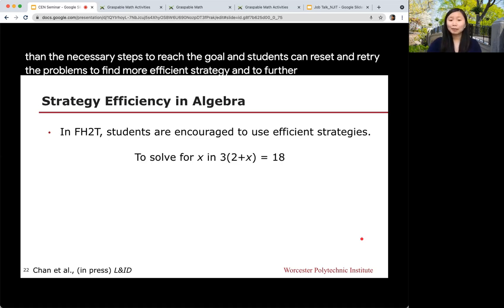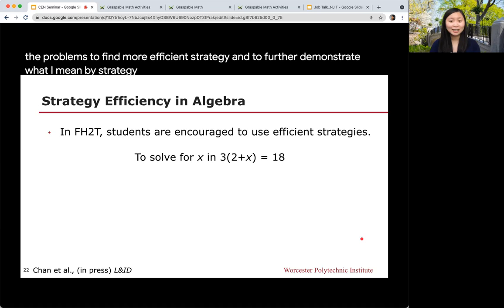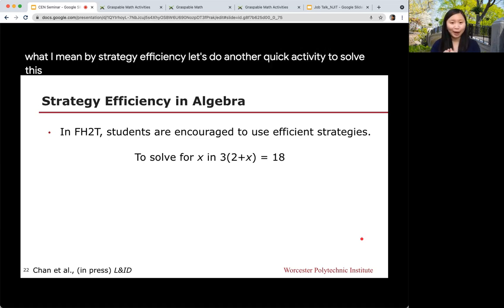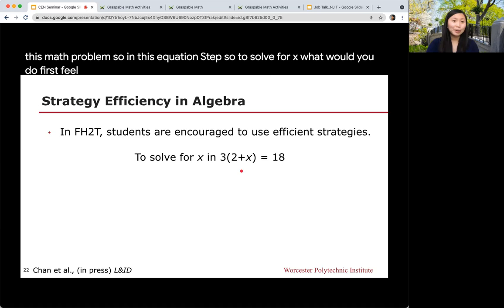And to further demonstrate what I mean by strategy efficiency, let's do another quick activity to solve this math problem. So in this equation, what would be your first step? To solve for x, what would you do first? Feel free to put your first step in the chat and we can talk about that.